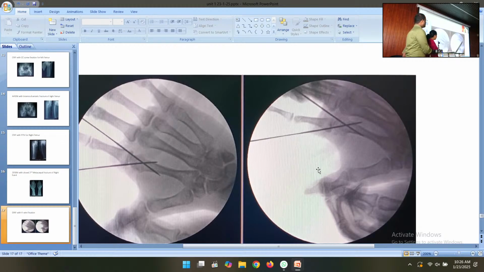Here there is a likelihood of stenosis of the extensor expansion or injury to the neurovascular bundle. Here the MP joint is okay. That can be prevented if the fracture is a little distant.